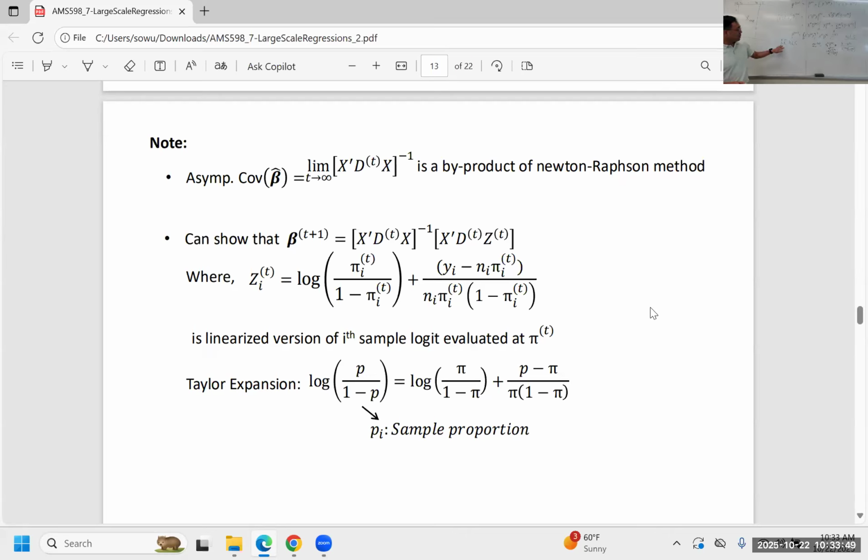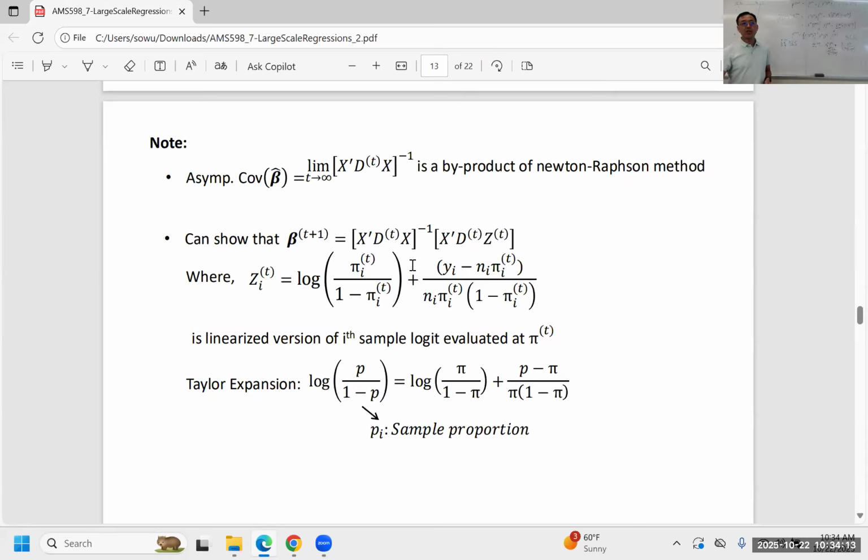Why is it called IRLS? First of all, it is iterative, because the adaptation is an iterative process. Then each step is a weighted least square, and this weight is also changing, because at each step your weight depends on pi i.